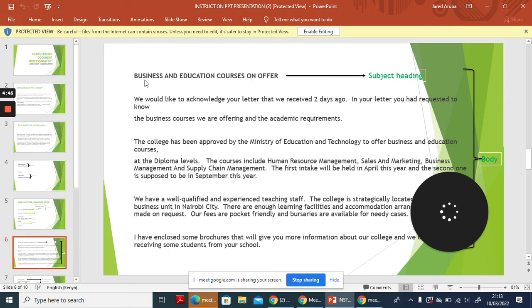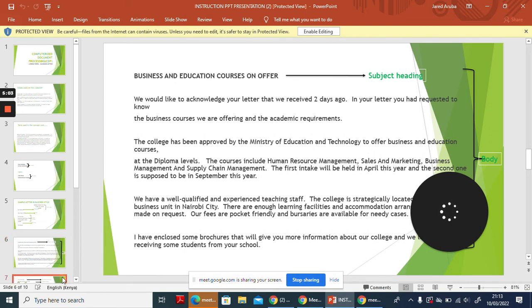And then we have 2 spaces after that. You type the paragraph in single line spacing. Immediately after that, you double space. So you can see that in this letter we have paragraphs, and between the paragraphs we have double line spacing.